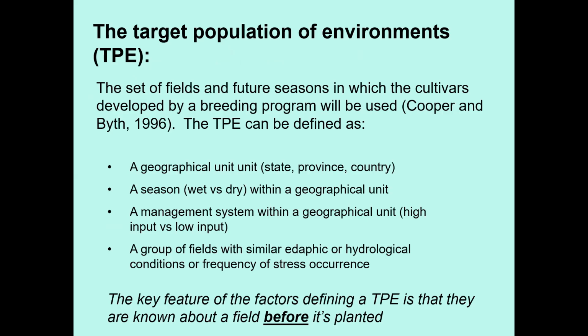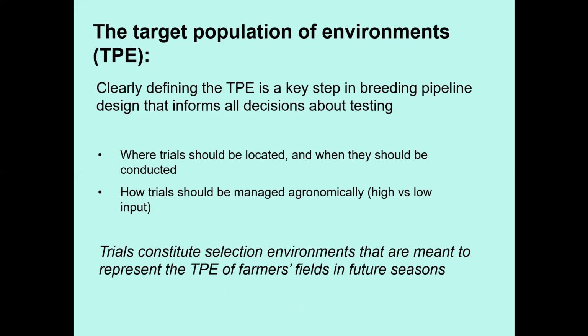So you can define the TPE as a geographical unit, state, region, a season, wet versus dry within a geographical area, a management system. High versus low fertilizer use is often very important in sub-Saharan Africa. Or a group of fields that have similar soil or hydrological conditions leading to similar types of stresses.